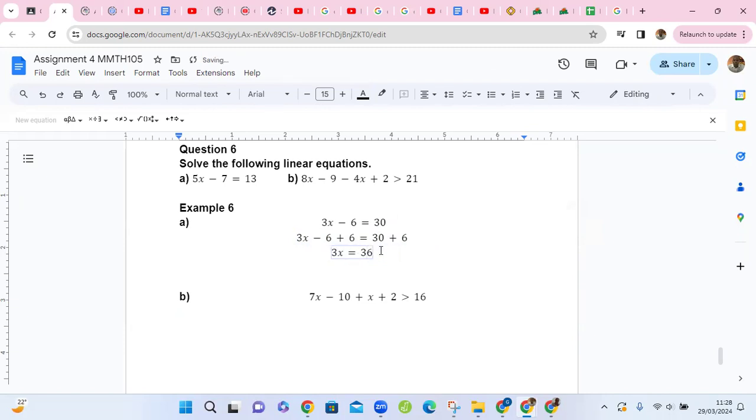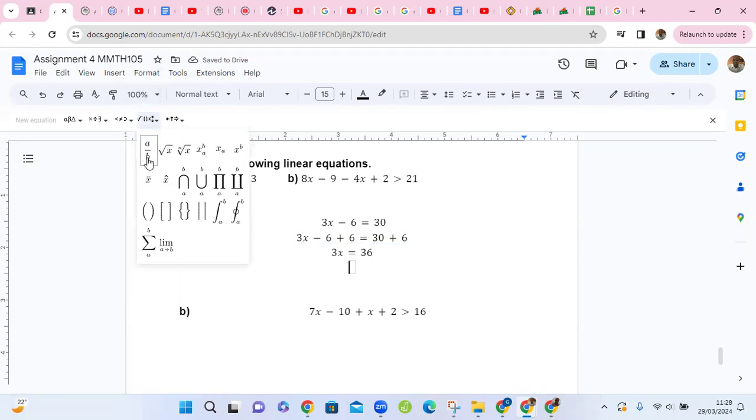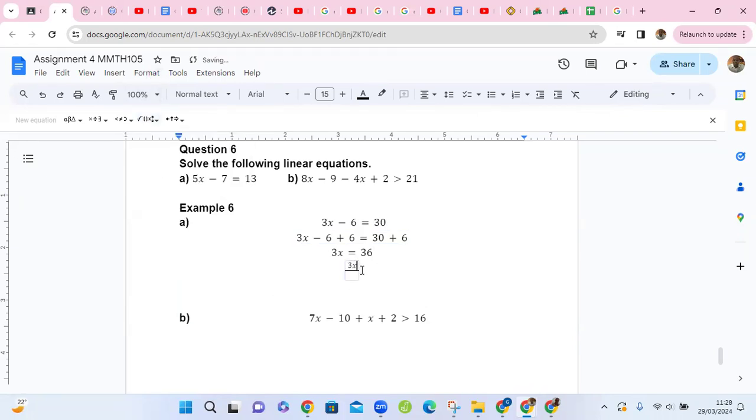Now we have to cancel out 3 by dividing by 3 on both sides of the equation. The reason why we are dividing, because 3 now is multiplying to x. 3 is a coefficient. And to cancel out a coefficient, to cancel out a multiply, you have to divide.